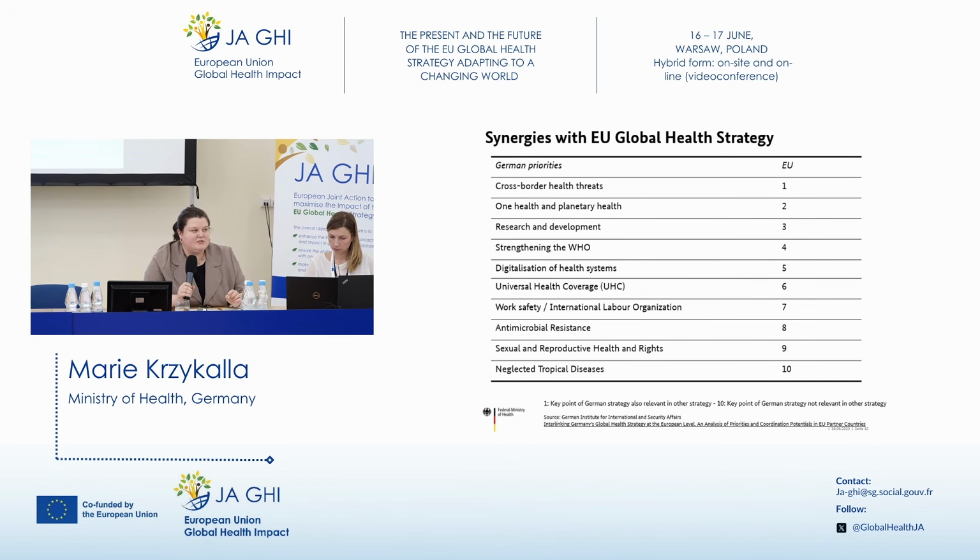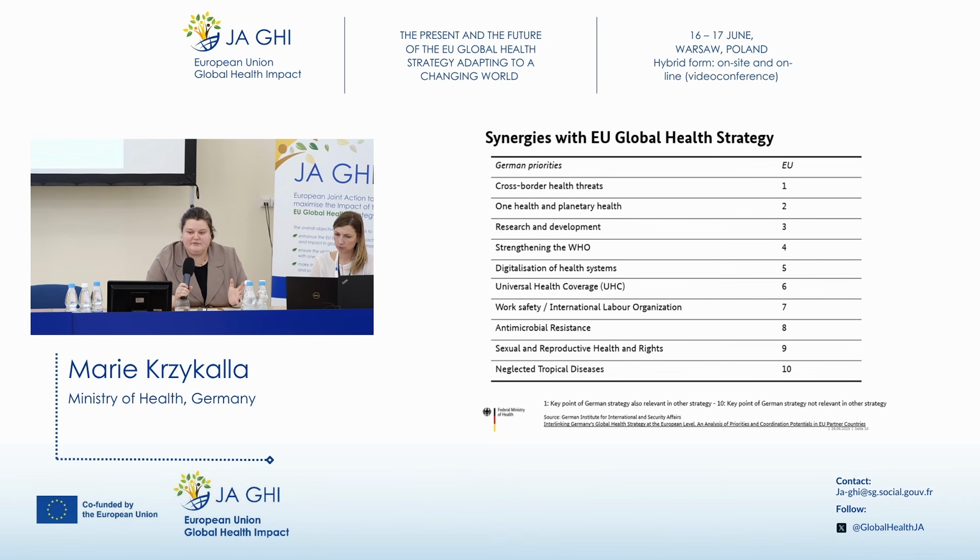Our national strategy is well aligned with the EU Global Health Strategy. The German Institute for International and Security Affairs assessed overlaps across 10 areas and found strong synergy in key fields. The lower the number you see in this table, the higher the level of synergy.